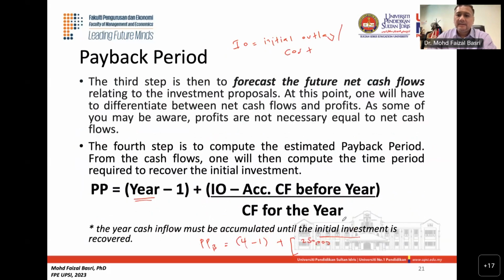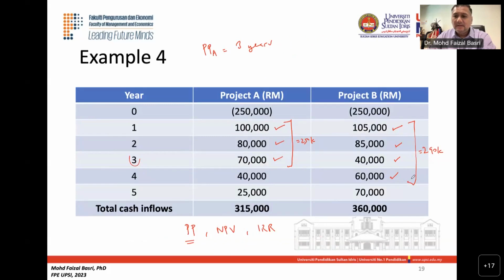And we minus the accumulated cash flow before the year. Our year just now was defined as year 4, so it's the accumulated cash flow before year number 4. Based on the 4 years' accumulation, we have 290.